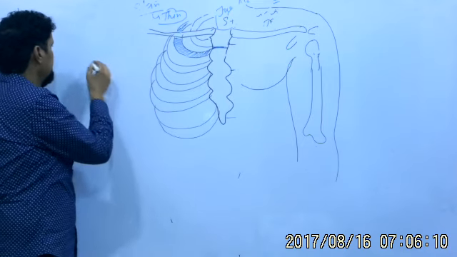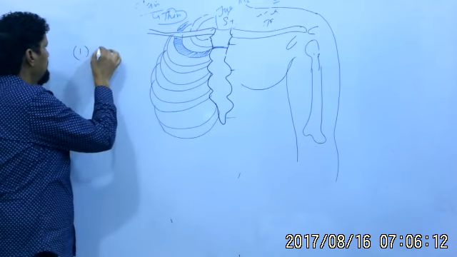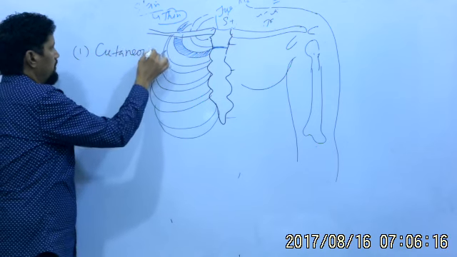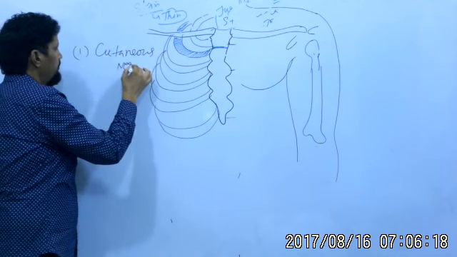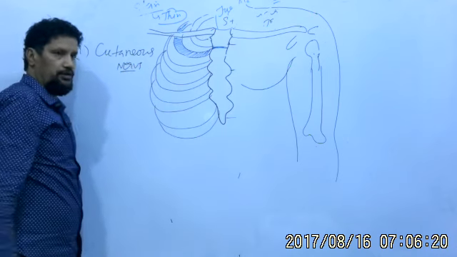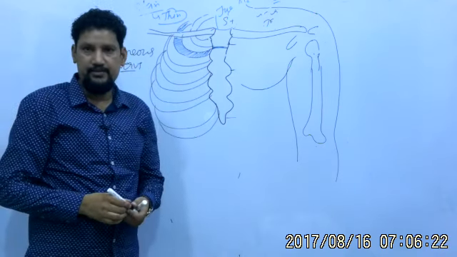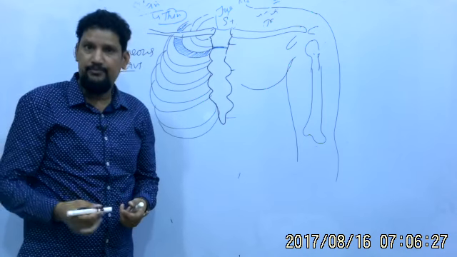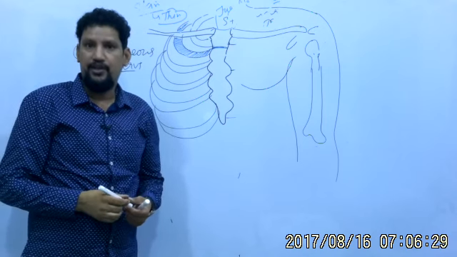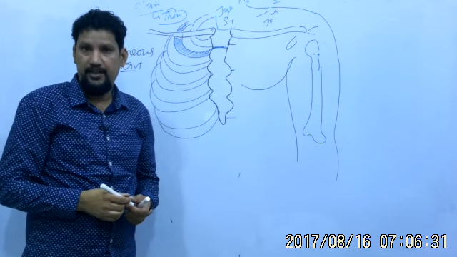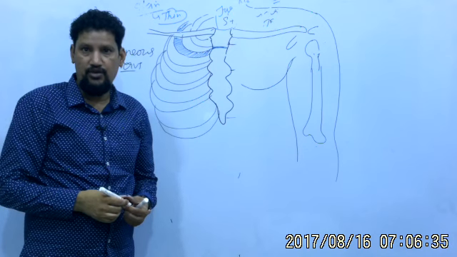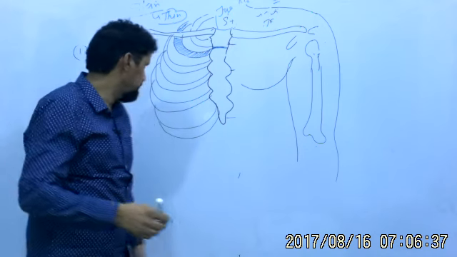So, here we can see the cutaneous nerves. These cutaneous nerves are branches of the cervical plexus and branches of the intercostal nerves, the anterior rami or ventral rami of the intercostal nerves.